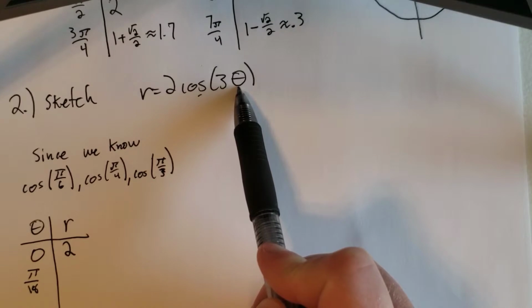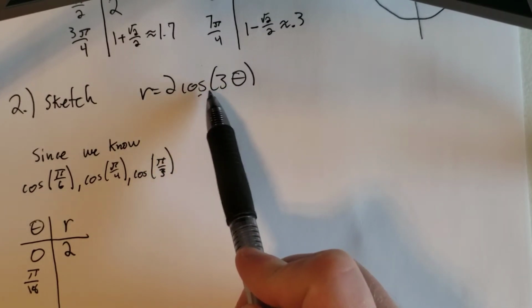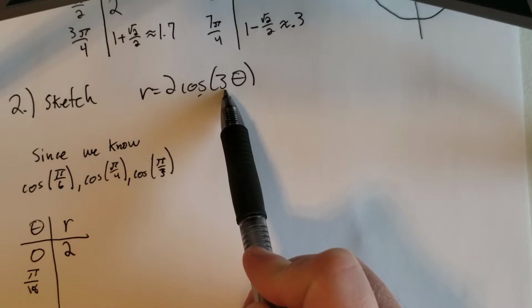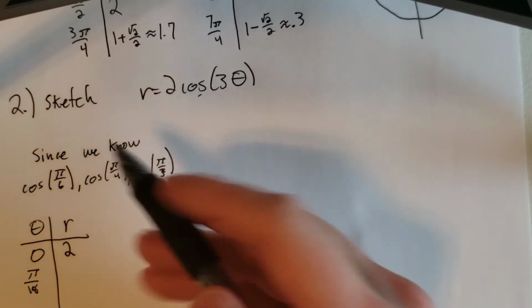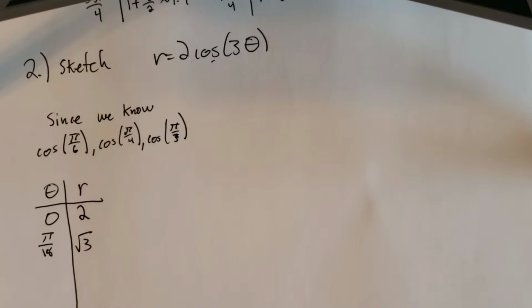That's pi over 6, so we get cosine of pi over 6. We know how to handle that. So cosine of pi over 6 is the square root of 3 over 2. But then we multiply by 2 and we just get the square root of 3.